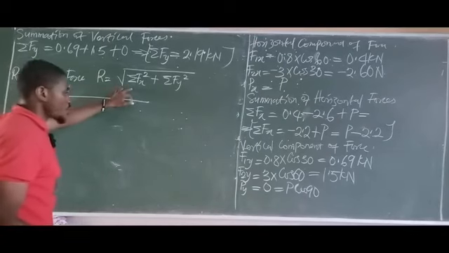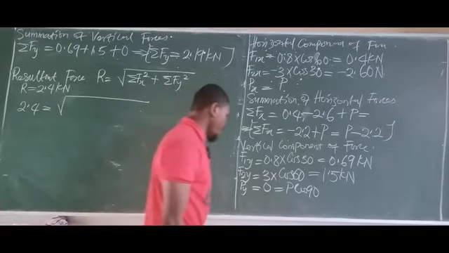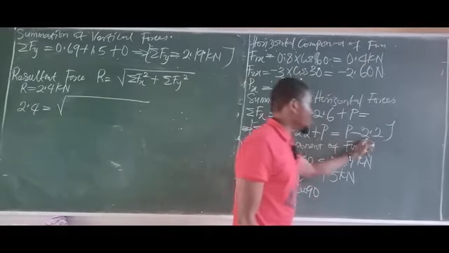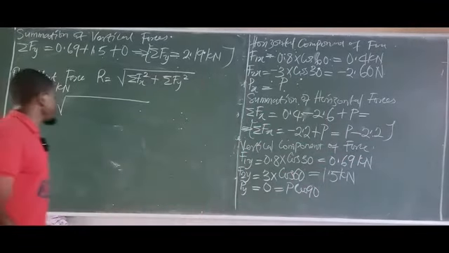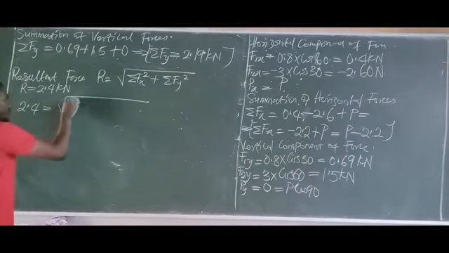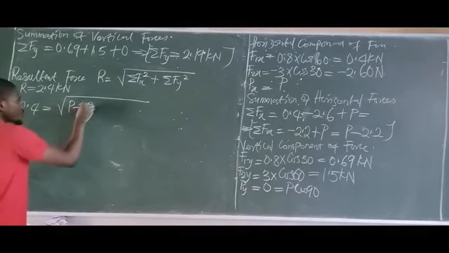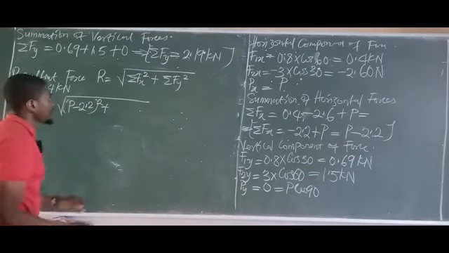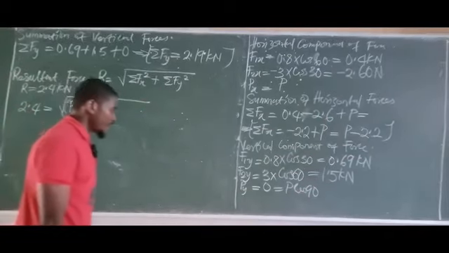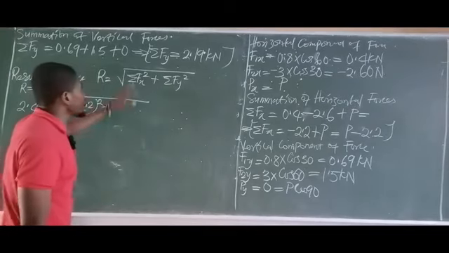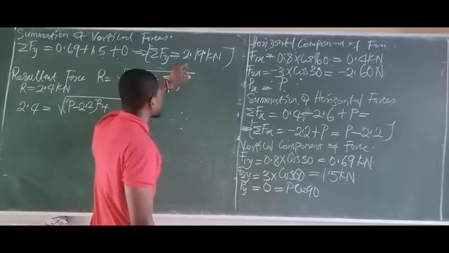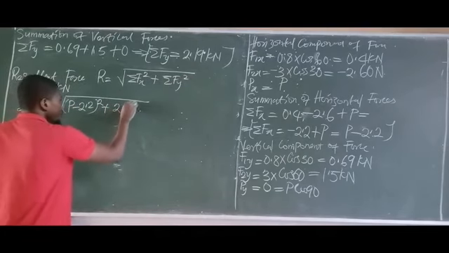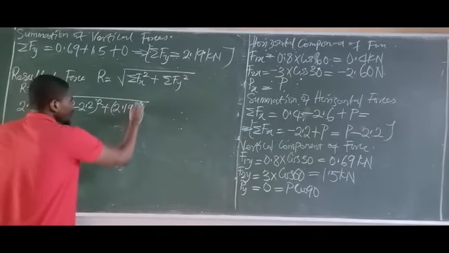Alright, so from here, resultant force, which is now 2.4 kilonewtons, is equal to the square root of summation of force in the x-axis all squared, and summation f of x simply gave us here as p minus 2.2 kilonewtons. So it means we have that to be p minus 2.2 all squared, okay, plus next is summation f of y squared, and summation f of y gave us over here as 2.19 kilonewtons, so plus 2.19 all squared.